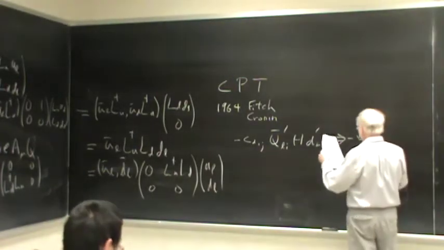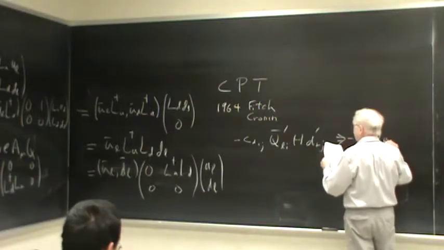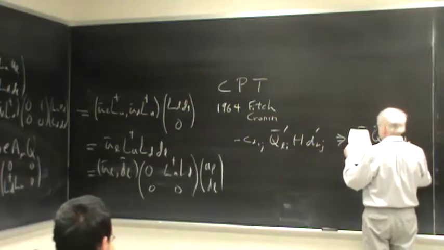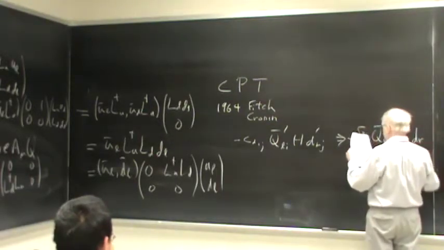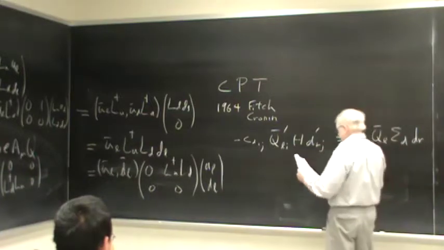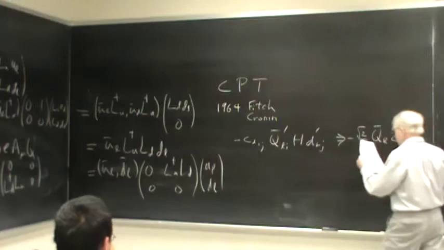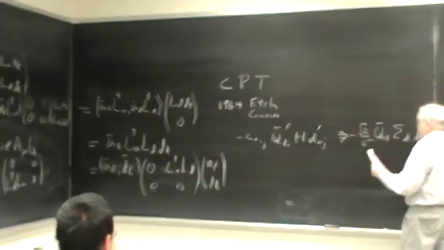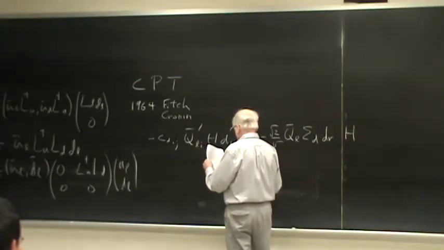This is root 2 over v, then Q bar left. Now these are the mass fields. The mass is sigma D and D right. And I'm sorry, D right and then an H. And so consequently, that thing is minus root 2 over v.